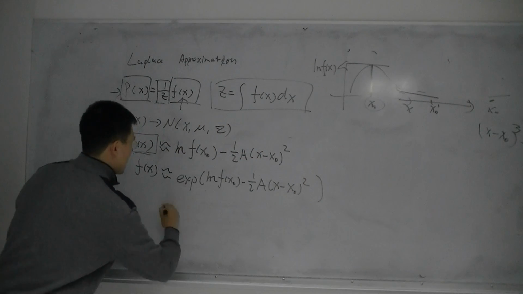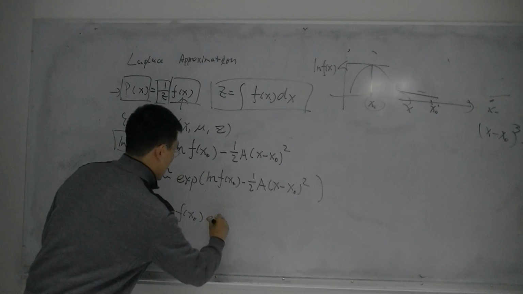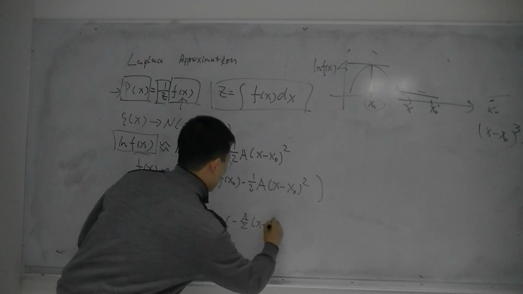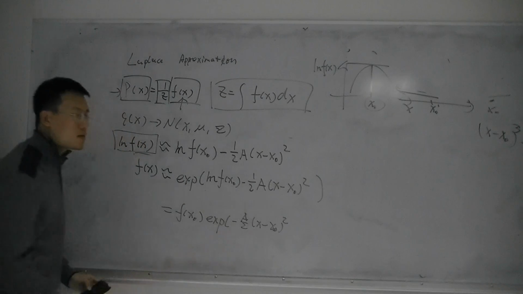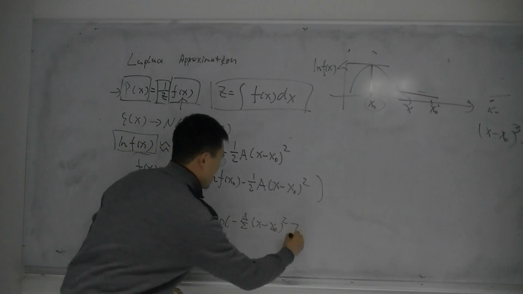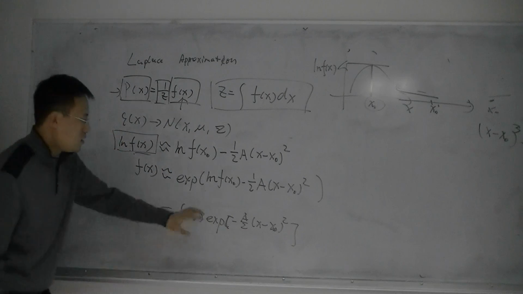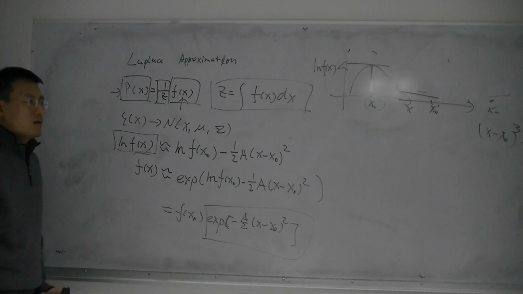What's the first term? It's f(x0). And what's the second term? It's minus a(x minus x0) squared. So what's this? This is an exponential distribution. It's an unnormalized Gaussian.